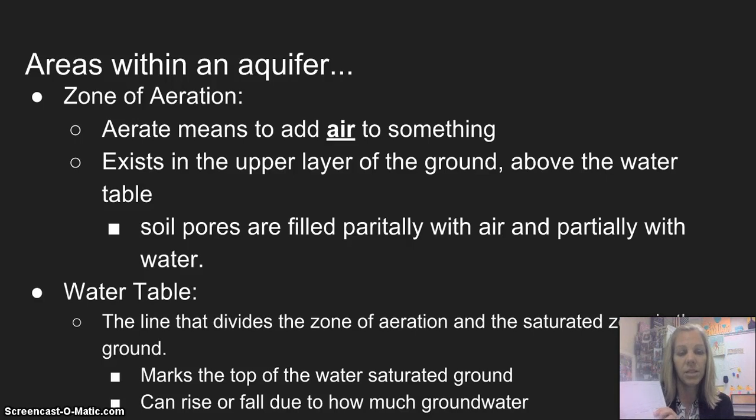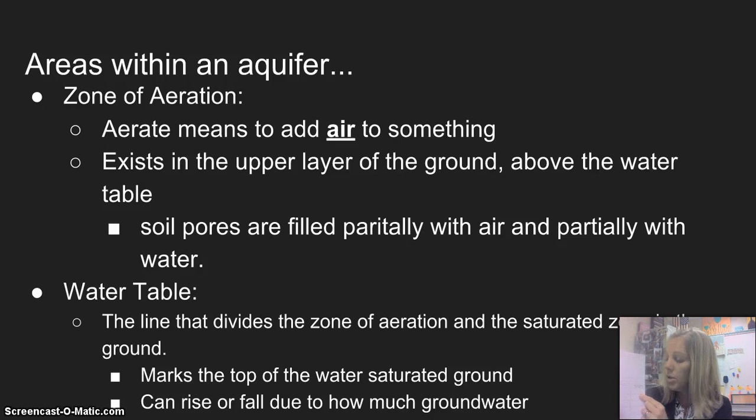So it divides those two areas up. So that is the description, really, that it's an imaginary line that divides the two zones under the ground. And it marks the top of the water, like where the aquifer is. So over here under important information, it marks the top of the aquifer.